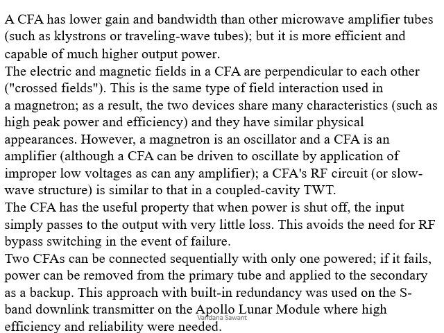Now, if you are connecting two CFAs sequentially, and we are providing power to only one of the CFAs, and if that CFA is not working properly, then power can be removed from the primary tube and applied to the secondary tube as a backup power.